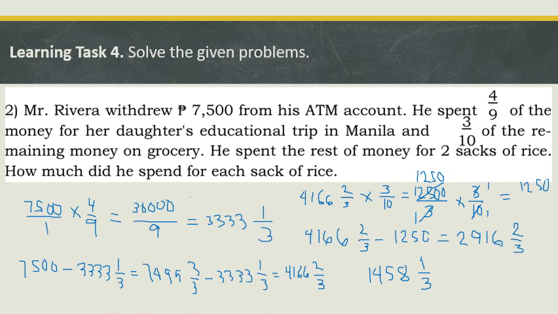So, ang presyo ng isang sakong bigas is 1,458 and 1/3, or kung decimal yan, kung centavos, magiging 1,458 and 33 centavos. So, yan na po yung presyo.